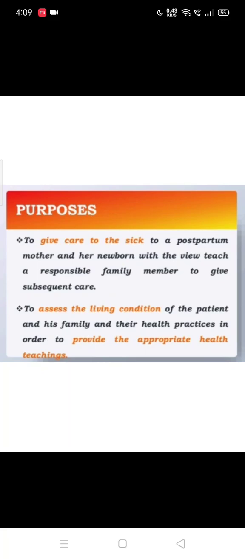You have to assess the living condition of the patient, as well as the family members' living condition and their practices, by home visiting. By this you can identify everything. If they are lacking something, you can plan a health education, then you can give a health education to them.